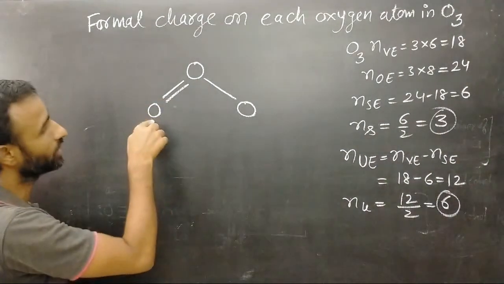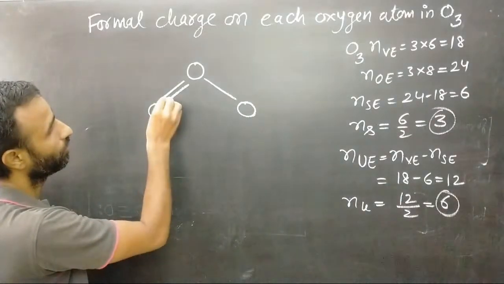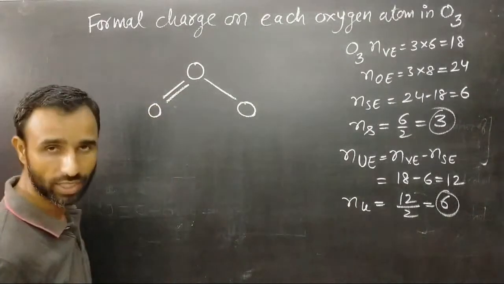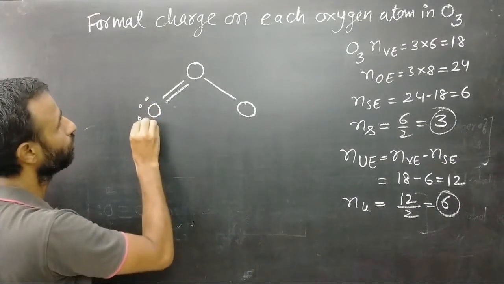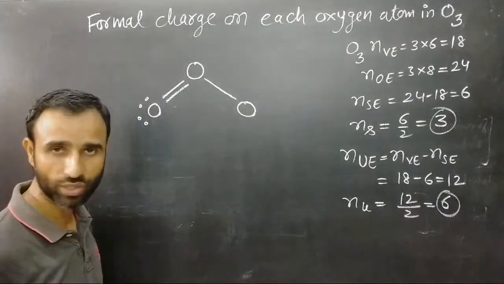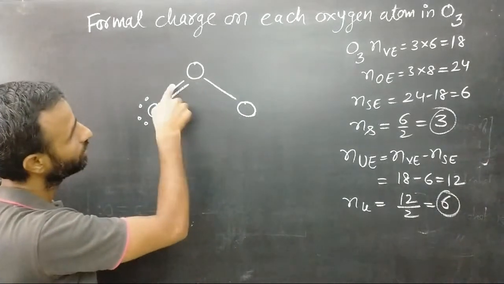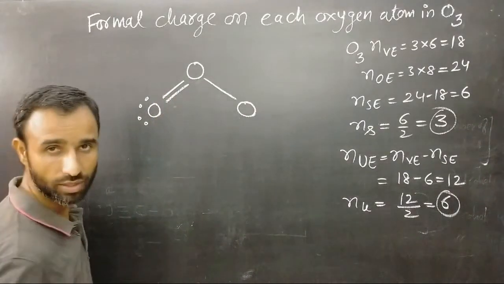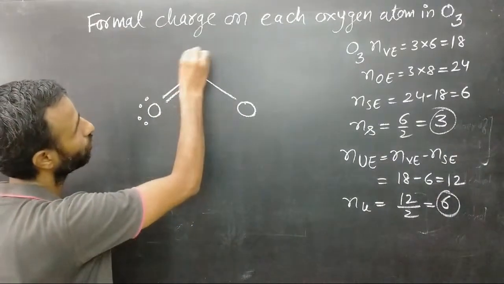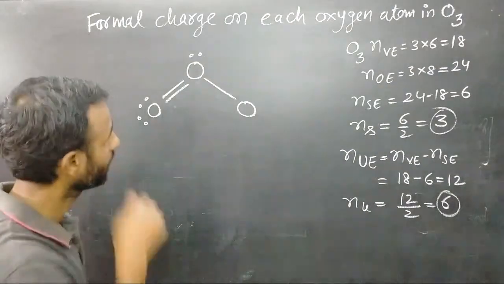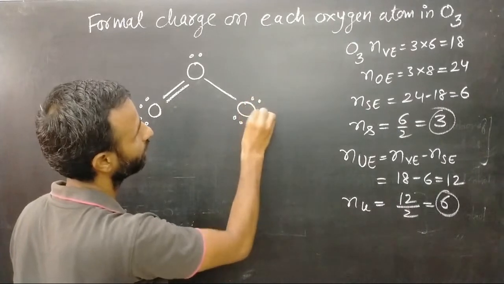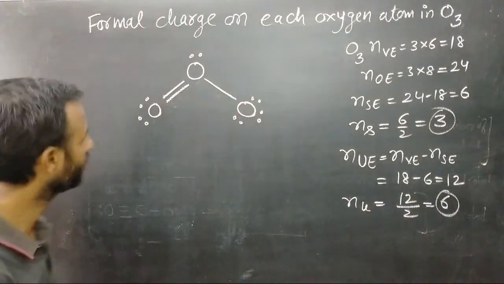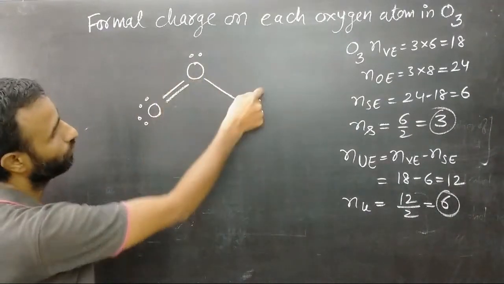So say in this case, total 2 plus 2, 4 electrons are used. It has 4 electrons. So 4 more are required to complete its octet. This oxygen 2, 4, 6. 6 electrons it has. So 2 more are required. 2 it has. So 6 more are required to complete its octet. So in this way, 1, 2, 3, 4, 5, 6.